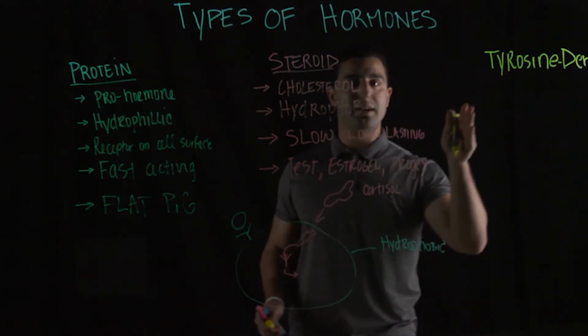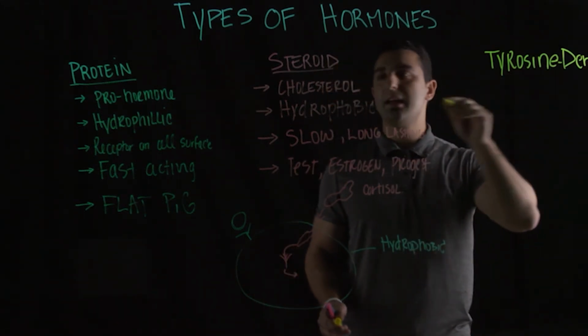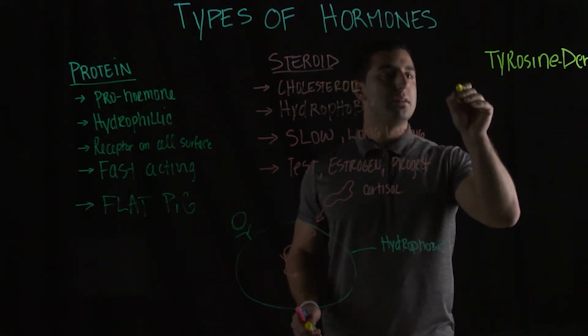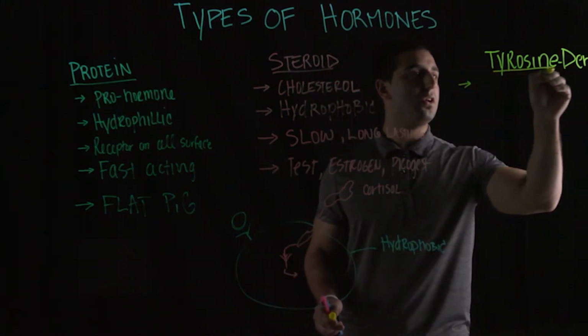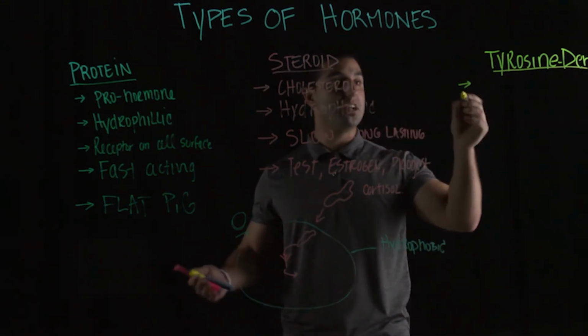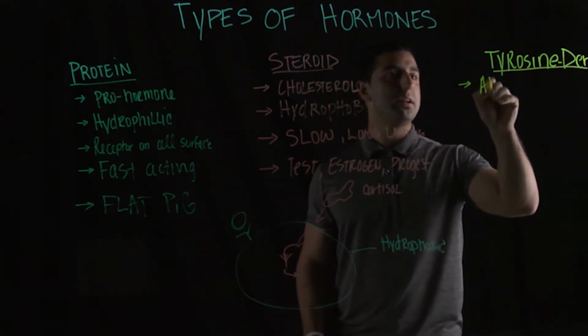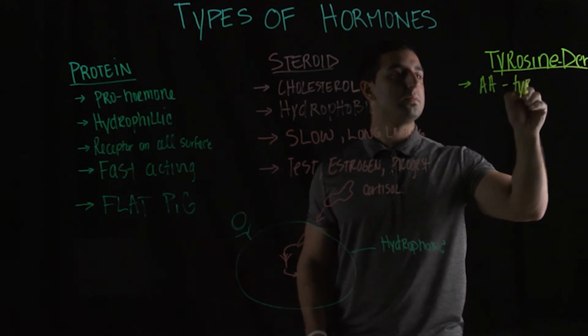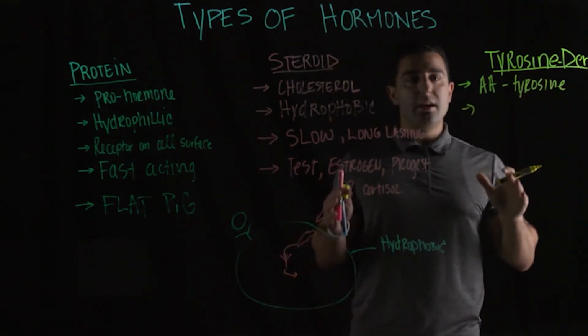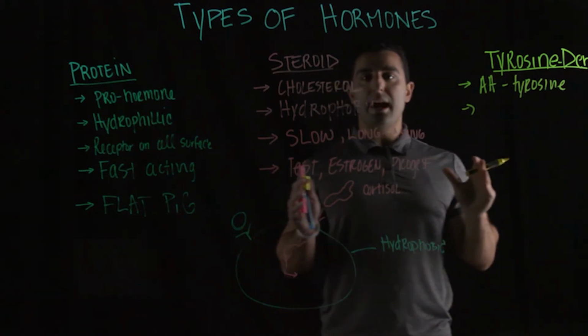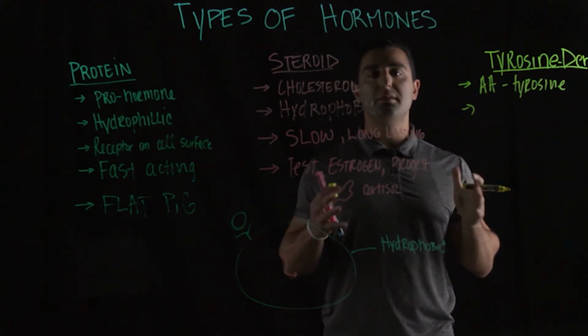So tyrosine is an amino acid, an essential amino acid. And here, all of the chemicals from all of these hormones that come from these tyrosines come from the actual amino acid tyrosine, right? They are hydrophilic and hydrophobic. They have both of the properties.